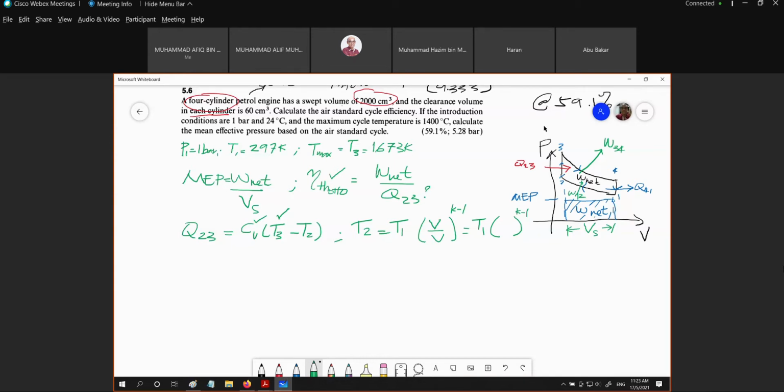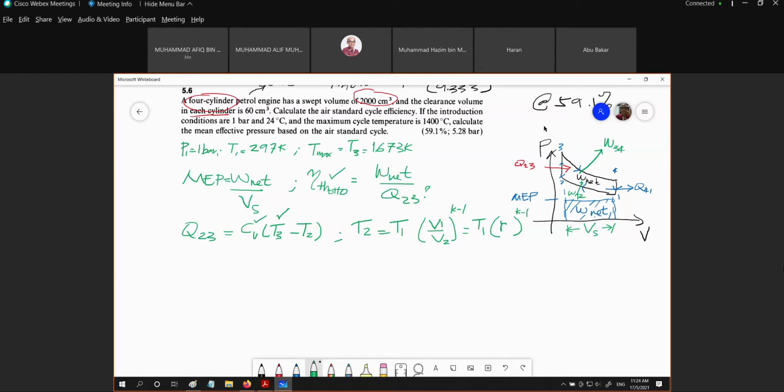R, V1 over V2. No, I'm asking you all. Which V divided by which V? V1 over V2. Sorry, this is V1 over V2. What is V1? The V1 is V max, correct? What is V2? V2 is V min. So V max over V min is equal to the r value.